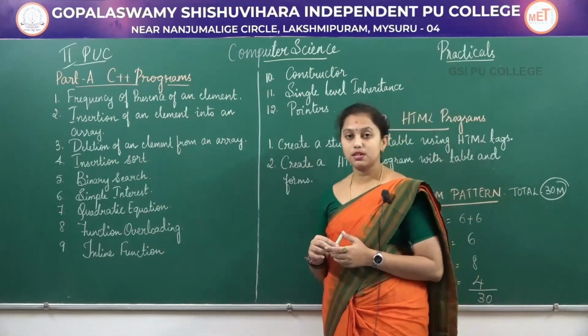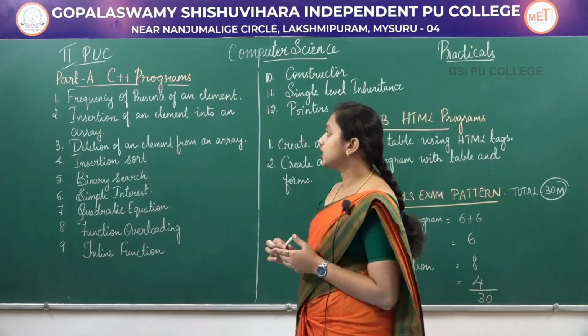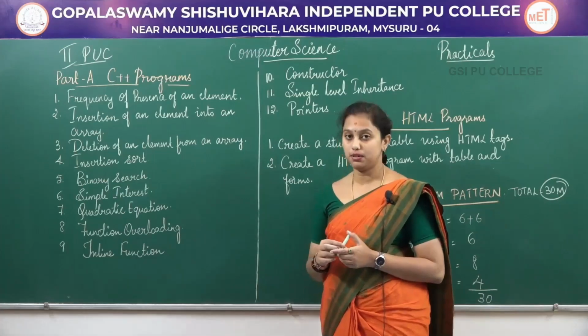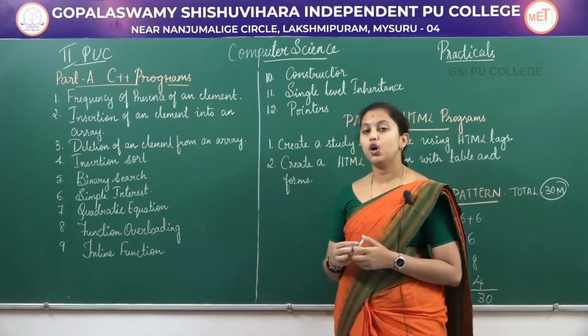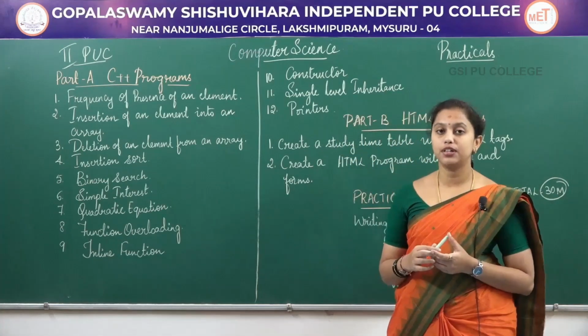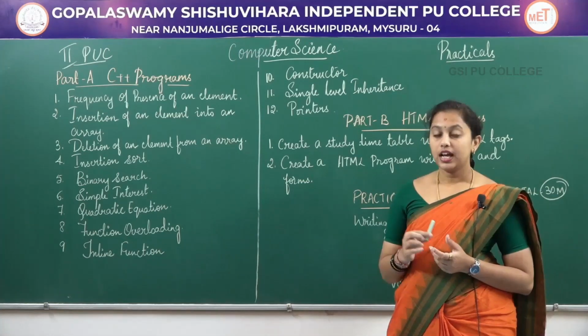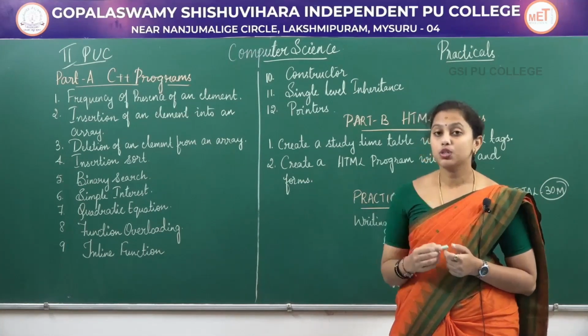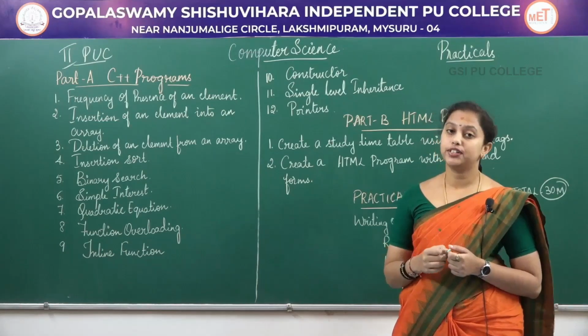The first program is to find the frequency of presence of an element. What is the meaning of frequency of presence of an element? It is nothing but counting the occurrence of an element.